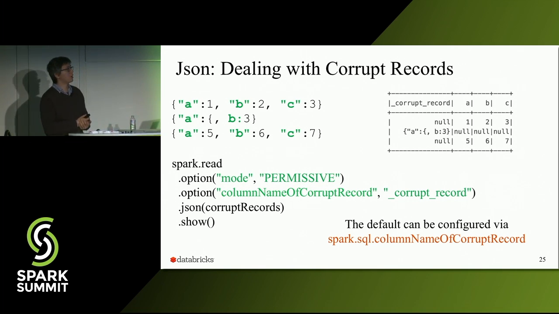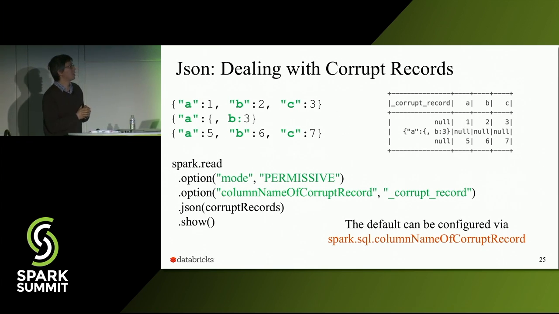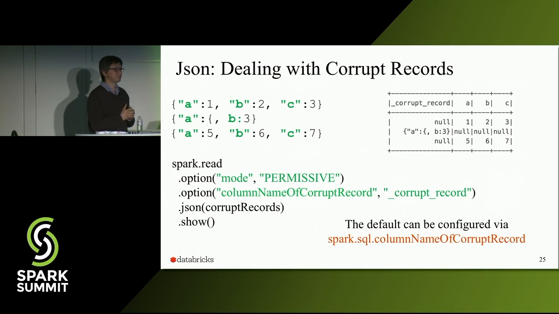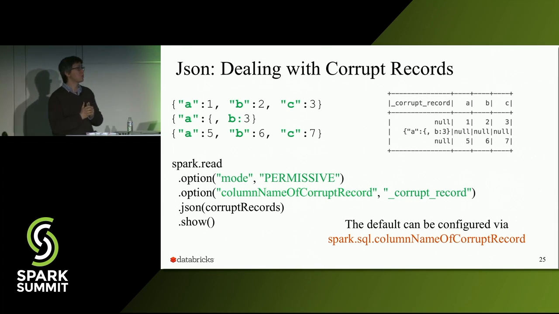If you specify permissive mode, we will put your corrupted records in the corrupt record column. You can change the column name. For this, you can just add one more option, column name of corrupt record. You can also change the default one. You don't need to specify that for JSON. When we infer the schema, we'll put it there, as long as you use permissive mode.